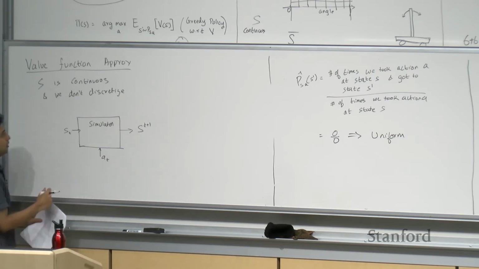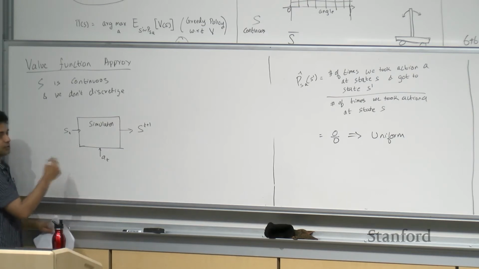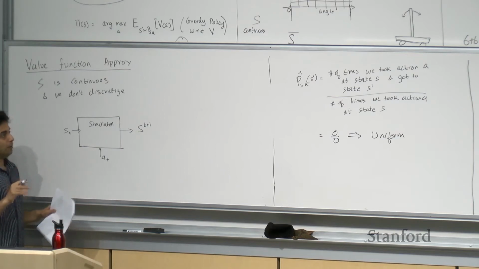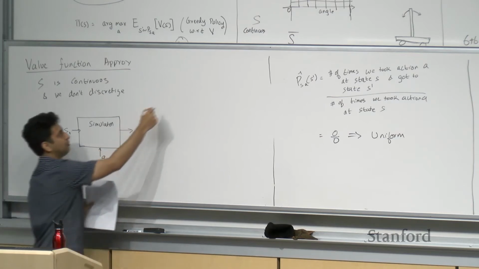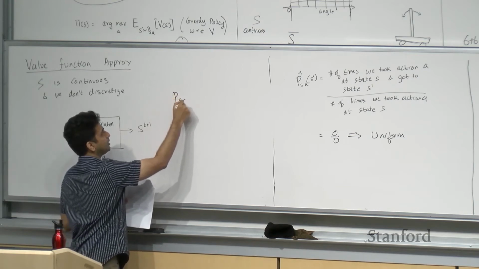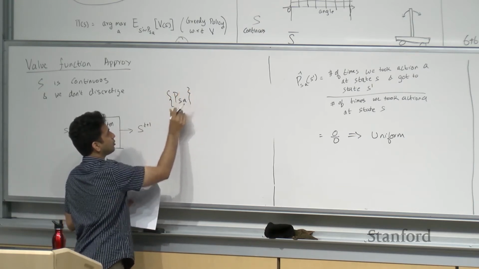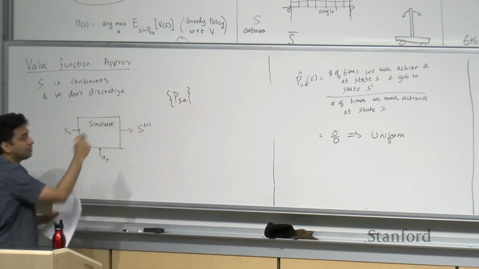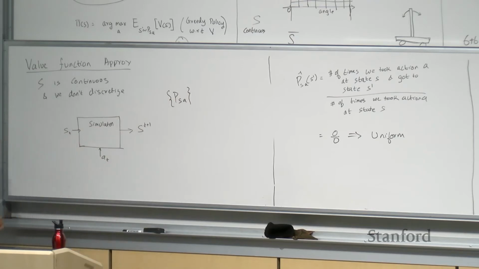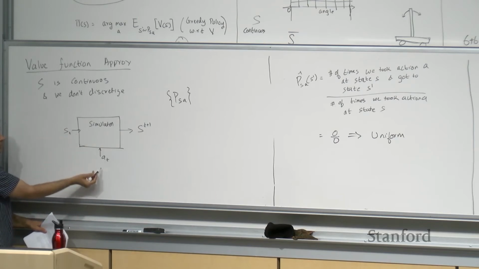Now I'm referring to the collection P_SA as a collection of multinomials. But over here the number of states is continuous, so in place of a multinomial, which worked well in the discrete setting, we assume we have a simulator where we feed a real valued input and some action, and you get as output some other real valued state.